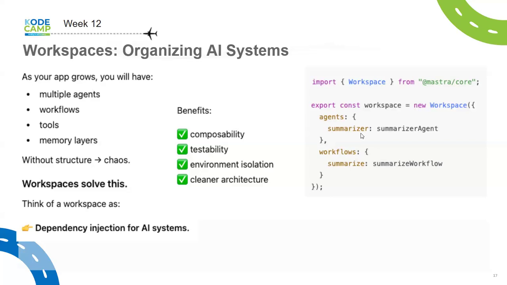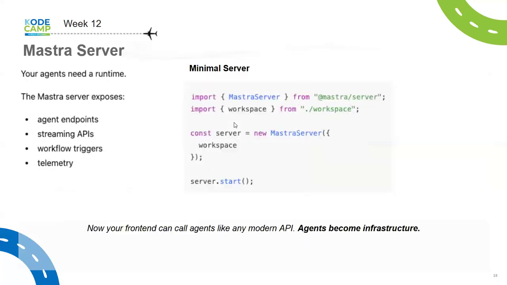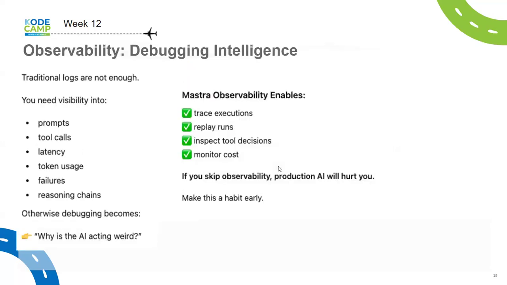Now, what Mastra is calling workspace is the configuration of the workspace itself, for example, the file system and things like that. So we can look at that next week. We've already looked at the Mastra server, right? So the workspace and the Mastra server were basically collapsed into what we now see as the Mastra Studio.